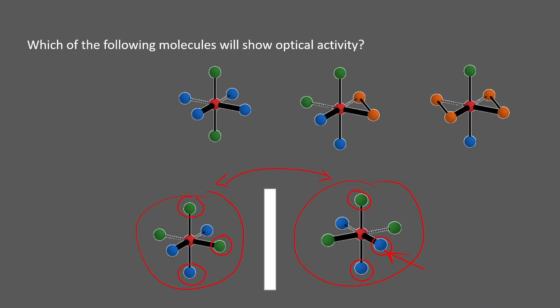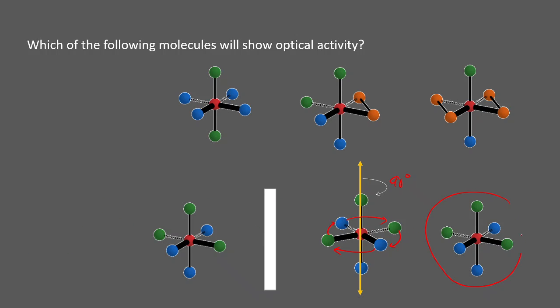You don't have to just draw the molecules, and in this drawing it's not clear that they are the same. You can rotate this molecule and check further whether it's the same molecule or not. So we can take this axis here and rotate the whole molecule about this axis by 90 degrees, and this green will come here, this blue will go here, that green will go there, and this blue will come here, and what you get is this.